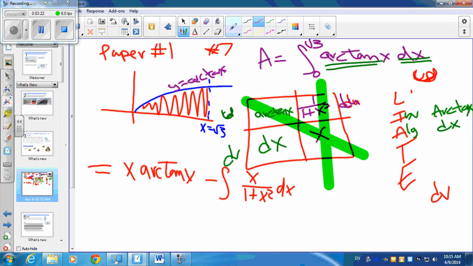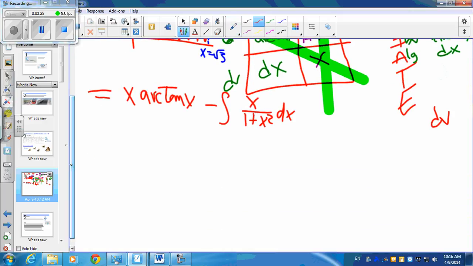Yeah. So now you got to evaluate this one. So how are you going to do that? How are you going to find the integration of this? Well, I'm going to let u equal 1 plus x squared, and the du is going to be 2x dx. And I do have the x dx. What don't I have? The 2. So we're going to put that in there, 2, 1/2.